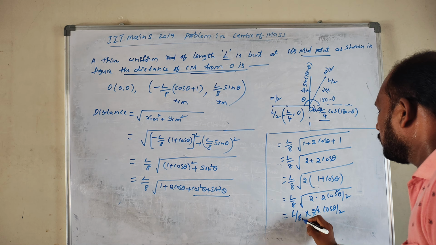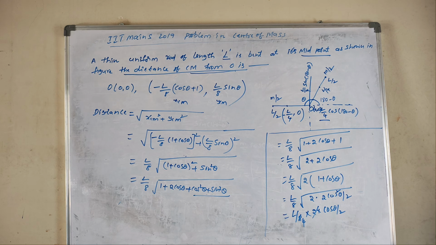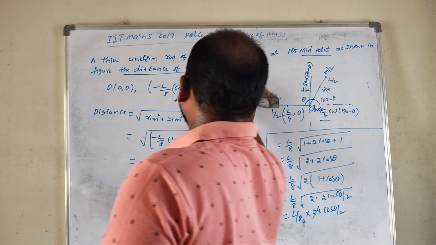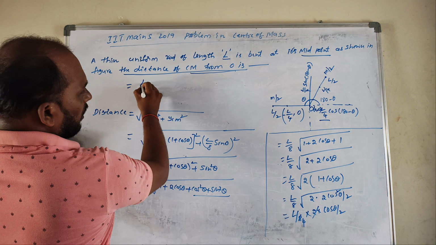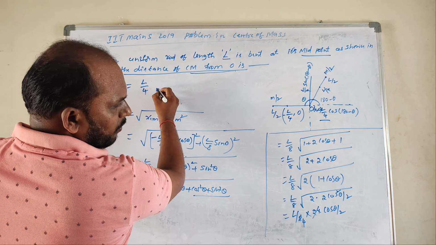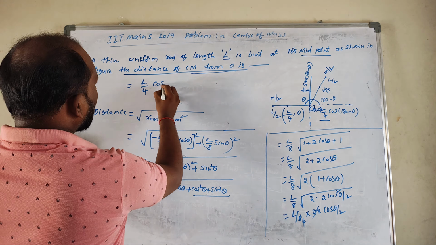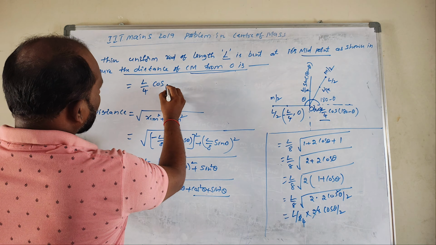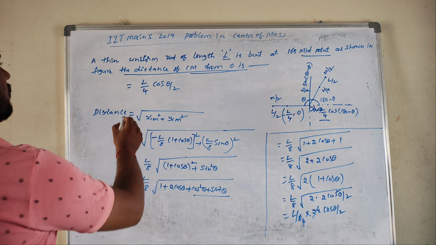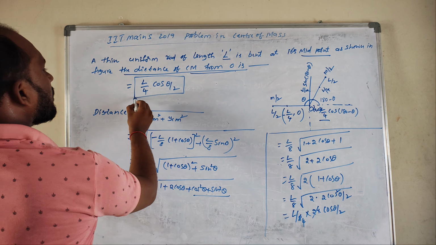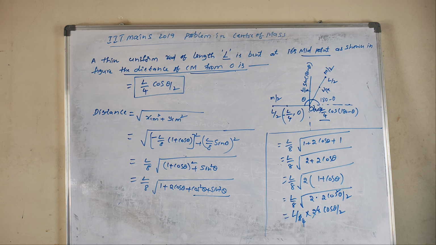So 2 into 2 is 4. So finally what you get as the result is L by 4 cos theta by 2. This is the answer for this question. So thank you, guys.